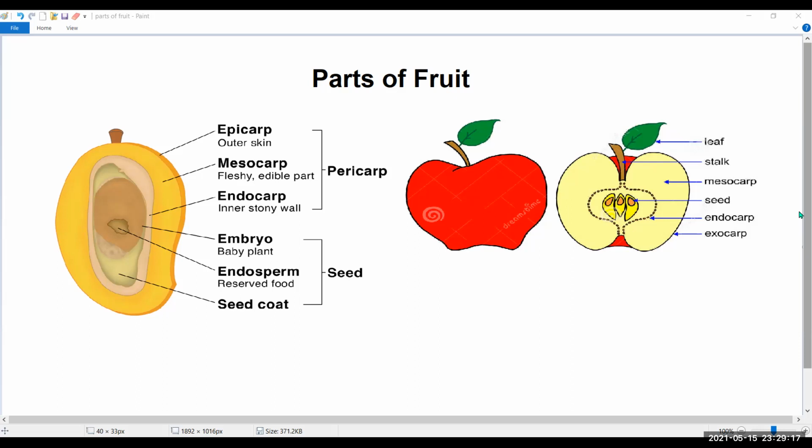Epicarp is the outer, thin, leathery part of the fruit. Mesocarp constitutes the sweet and fleshy part, which is usually eaten. And the endocarp is the innermost hard portion that contains the seed.